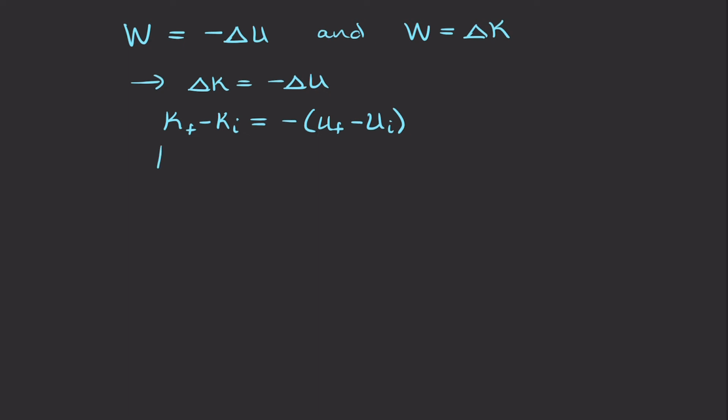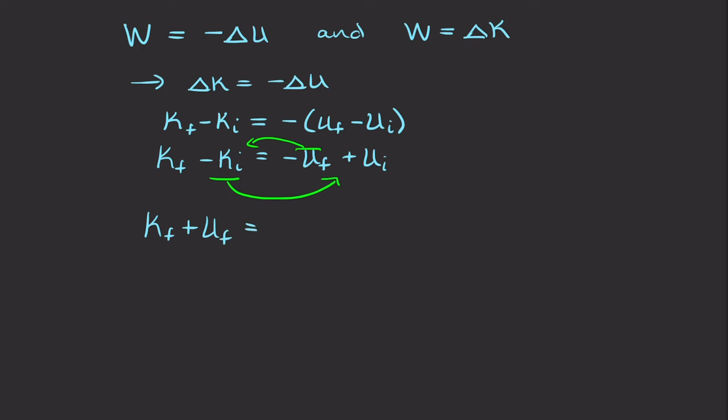Now if I distribute this minus sign, I get minus Uf plus Ui. I want to move my final quantities to the same side and get my initial quantities on the same side, and if I do this, I get Kf plus Uf equals positive Ki plus Ui.